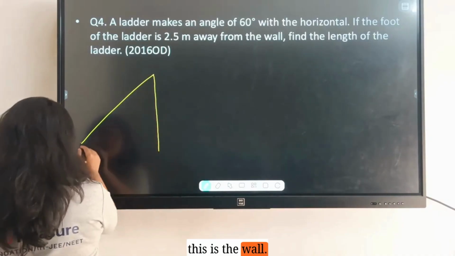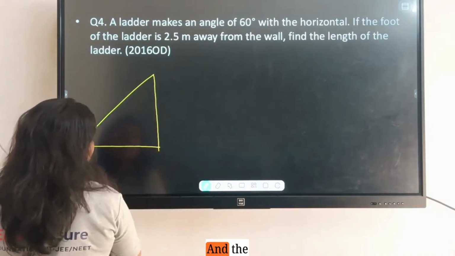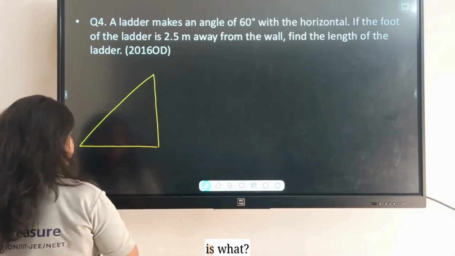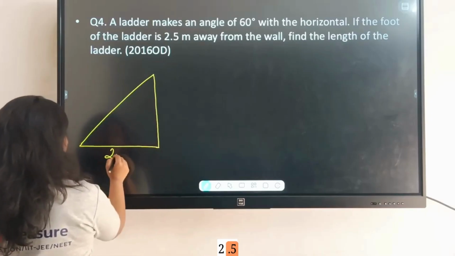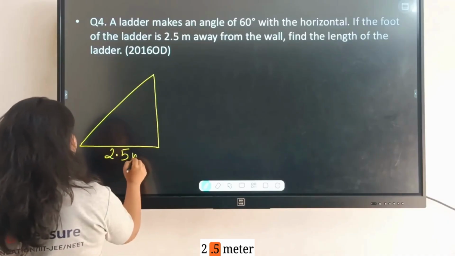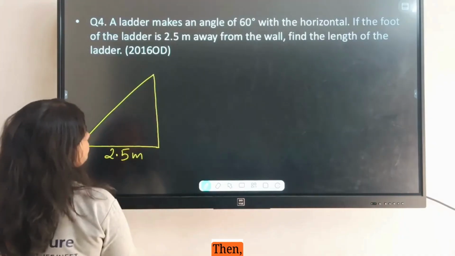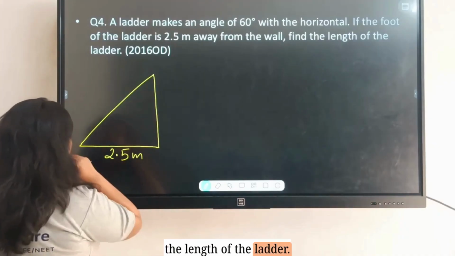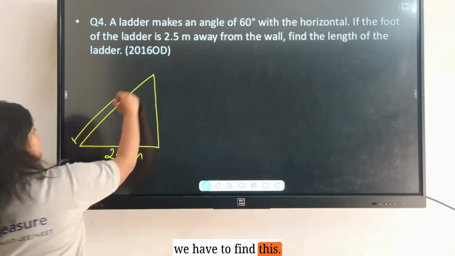So this is the wall, and the foot of the ladder is 2.5 meter away from the wall. Then we have to find the length of the ladder.